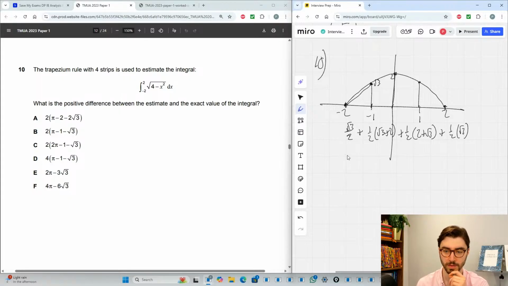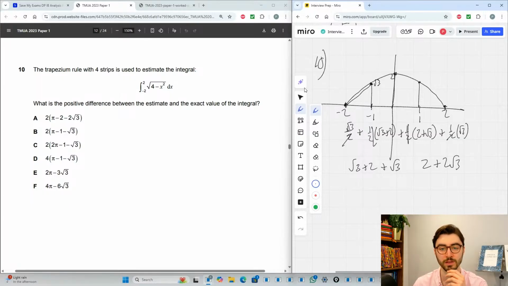Okay, so half and half makes that 1. Half and half makes that 1. So there's one lot of root 3 plus 2 plus one full lot of root 3. So the trapezium rule gives me 2 plus 2 root 3.